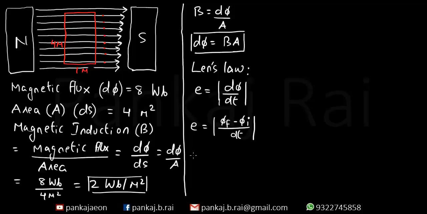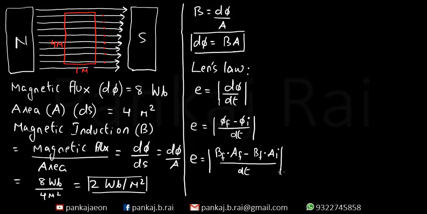We can also say that E is equal to mod of, now we know that flux is given by B into A, so it is the final magnetic induction multiplied by final area minus initial magnetic induction multiplied by initial area, upon change in time dt, which will be t2 minus t1 or delta t.